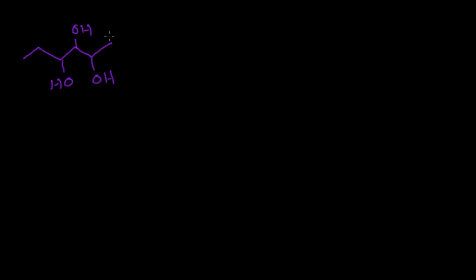What if you have something like this? What would you call it? Let's think first, from which side should we number? Should we number from the left or should we number from the right? Of course, from the right. 1, 2, 3, 4, 5, and 6. So this should be 2, 3, 4. 1, 2, 3, 4, 5, 6.